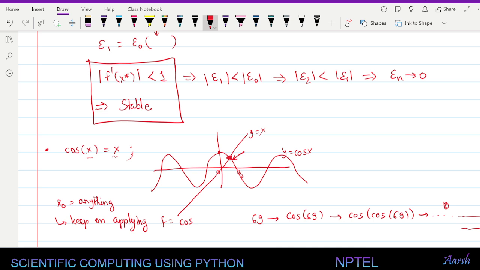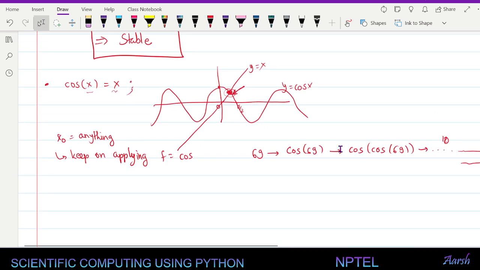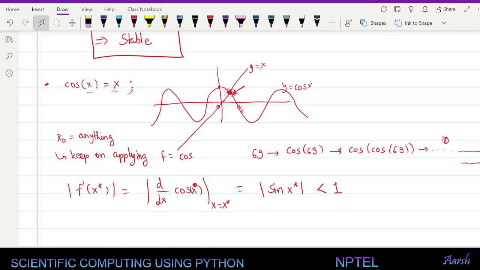Now why am I sure that it's a stable fixed point? Well, the derivative at x star will be mod of d by dx of cosine x, evaluated at x is equal to x star, and the derivative of cosine is sine, so it is mod of sine of x star, which is definitely less than 1.